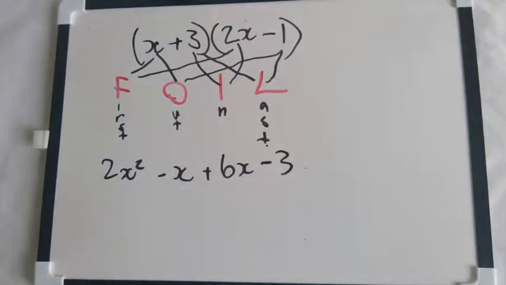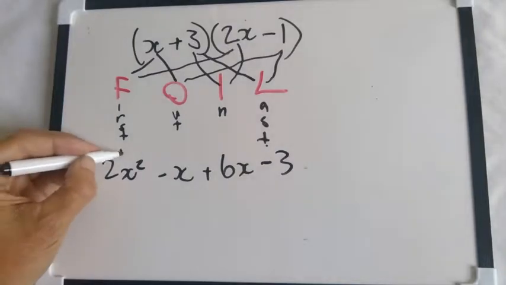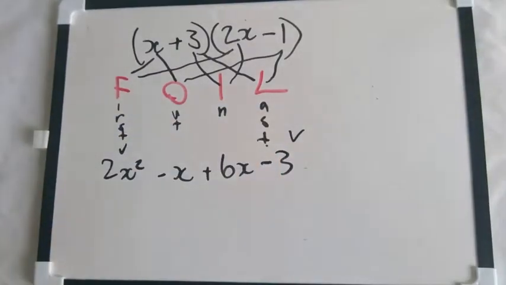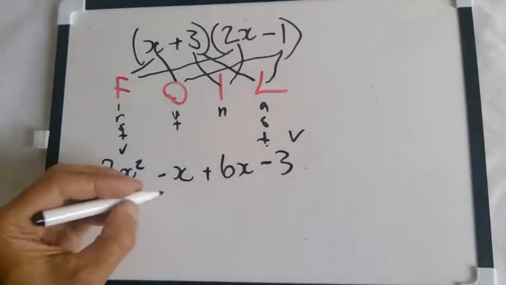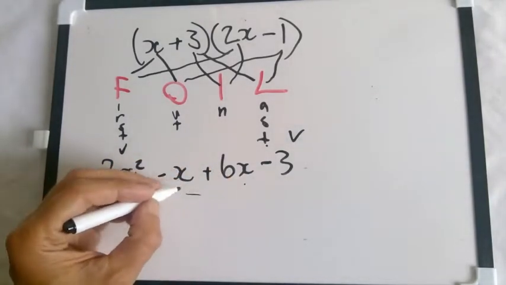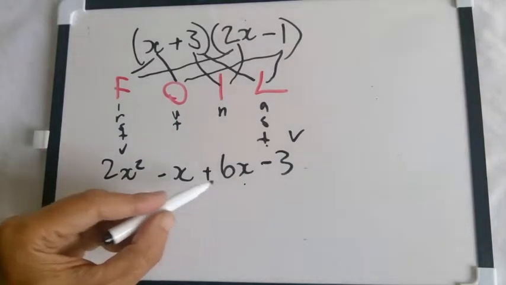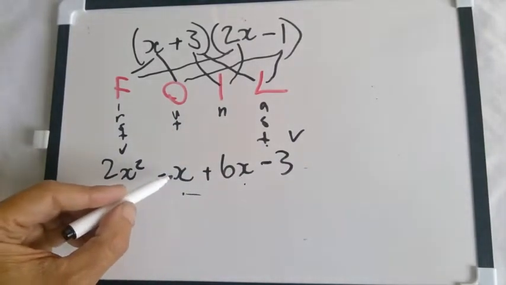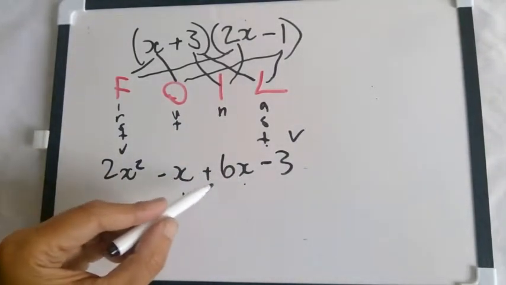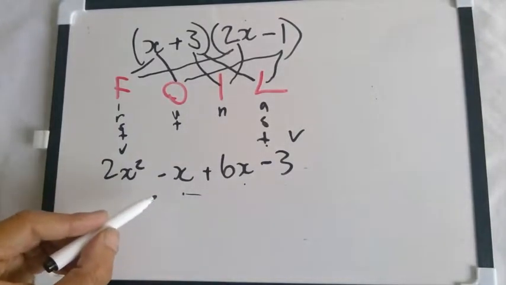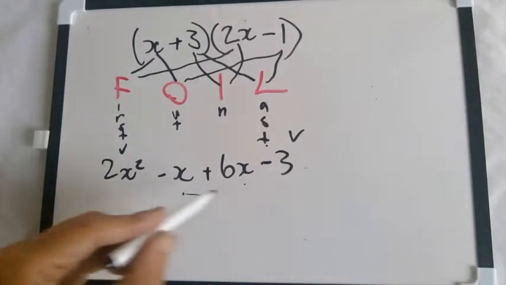The very last thing we've got to do: this term and this term are fine, nothing happens to them. But the middle terms both have x in them, and one is a number with a minus. The x squared term and the pure number stay as they are.